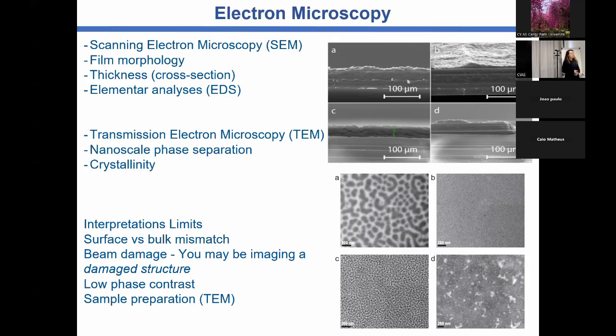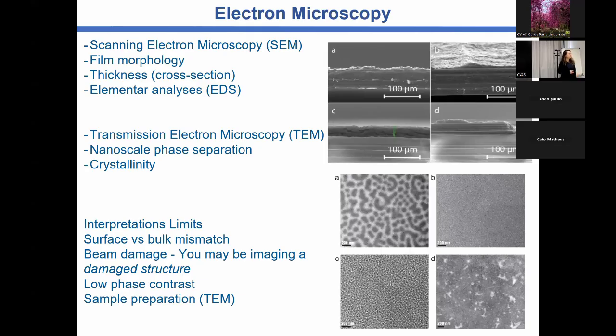The scanning electron microscopy for organics, if you have a well-covered film, you do not see so many things because of the low contrast that it has with the electron.